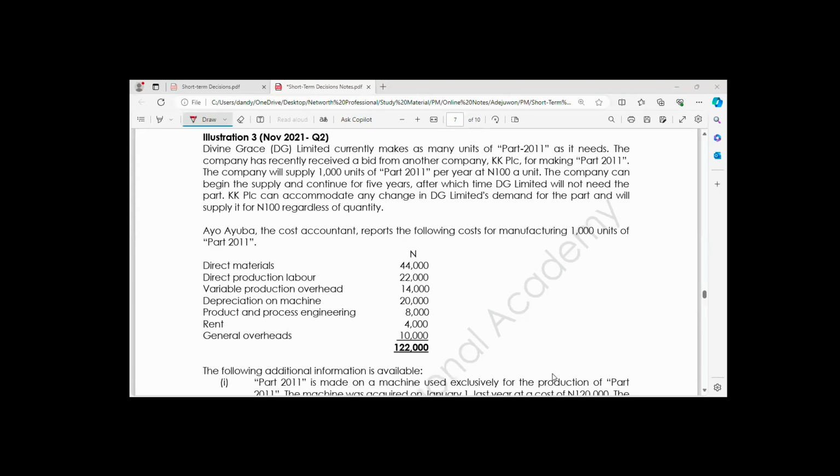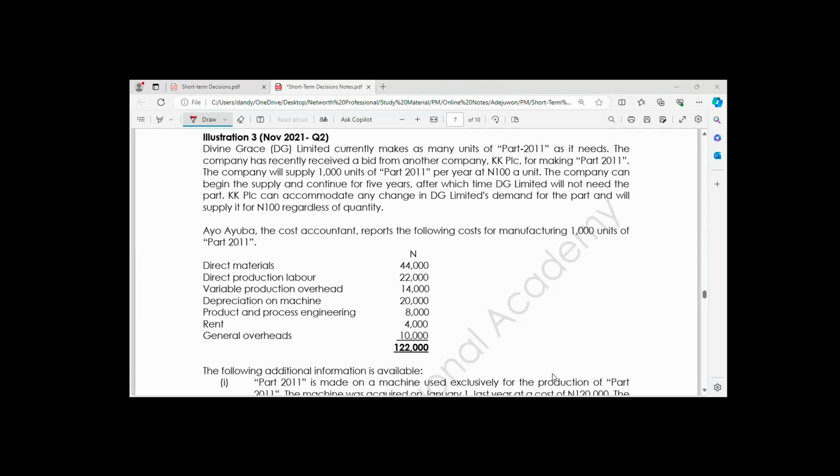They can be saved in the long run if part 2011 is no longer produced. If part 2011 is outsourced, product and process engineering costs of 8,000 will be incurred for next year only. Rent costs of 8,000 are apportioned to products on the basis of the floor space used for manufacturing the products.